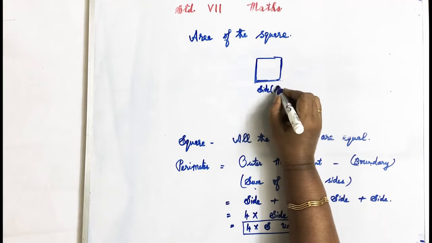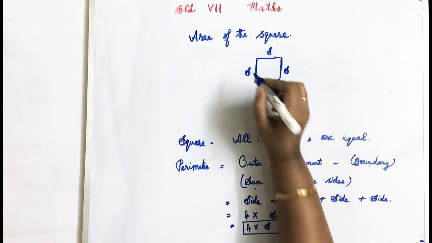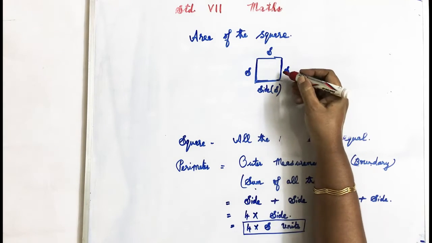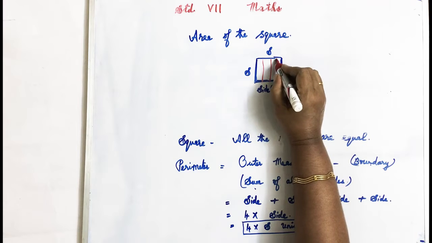So this is side S, and this is S, this is S, and this is also S. What is the meaning of area? The space occupied by an object. But here we are having a shape. So space occupied by the shape is called as area.